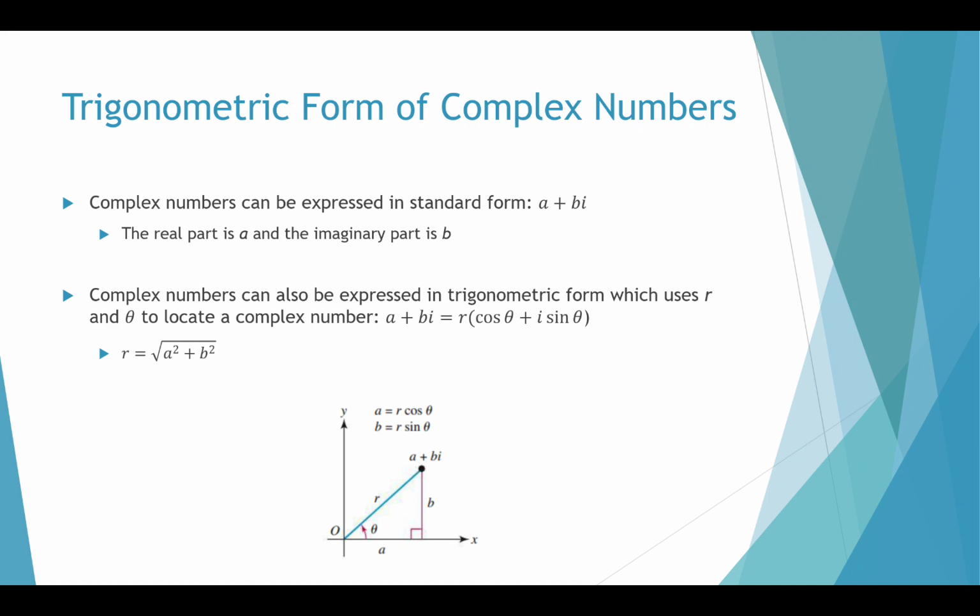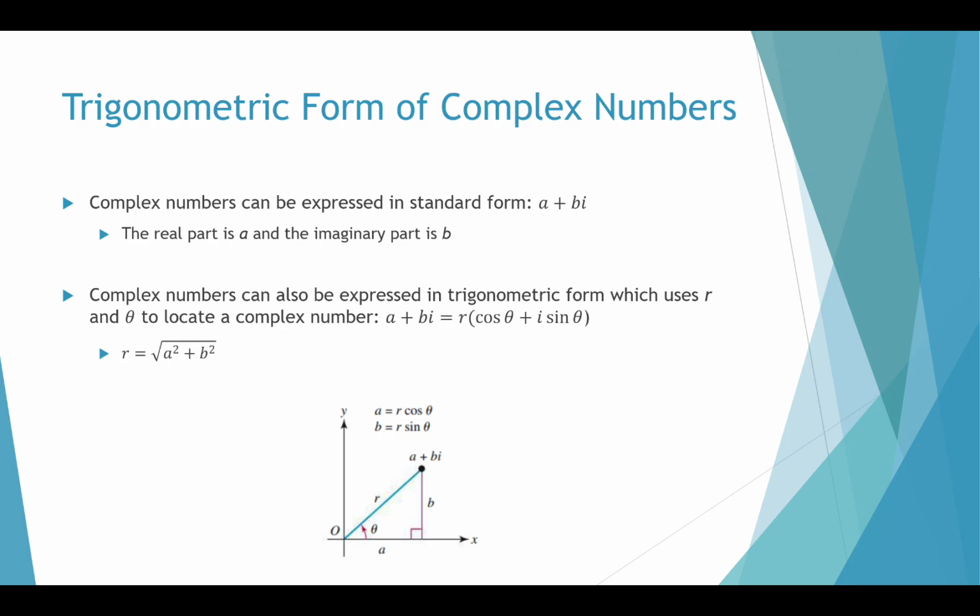Complex numbers can also be expressed in trigonometric form, which uses r and theta to locate a complex number. So a plus bi is equivalent to r times the quantity cosine of theta plus i sine of theta, where r is the hypotenuse, the radius of our circle, not unit in this case, but whatever type of circle it is.